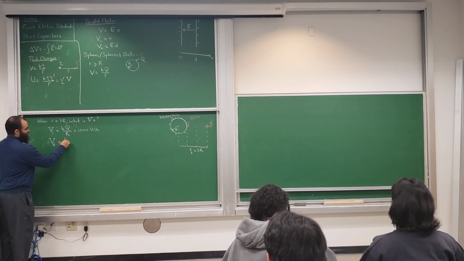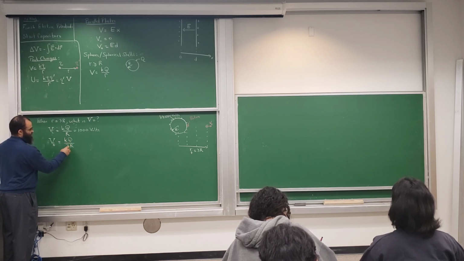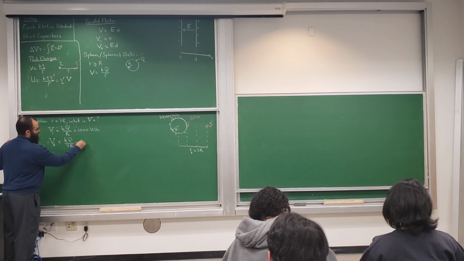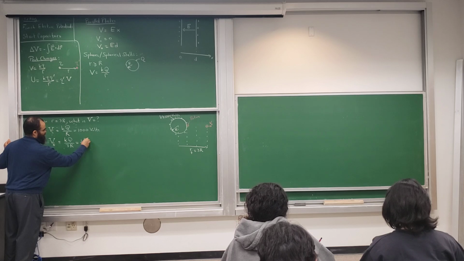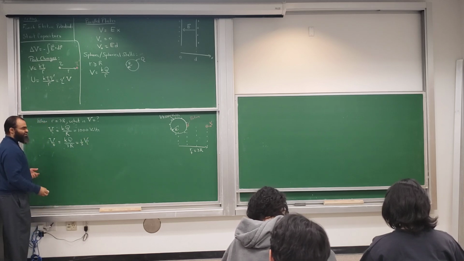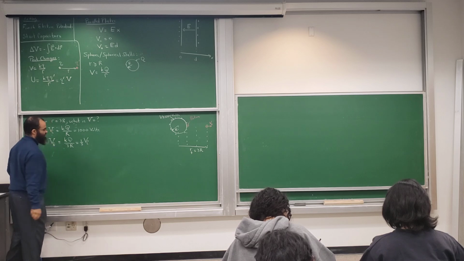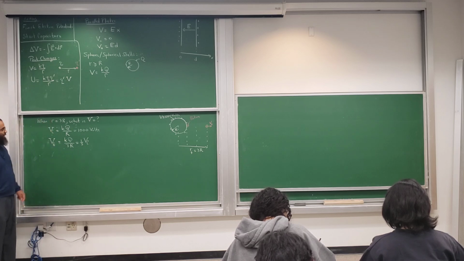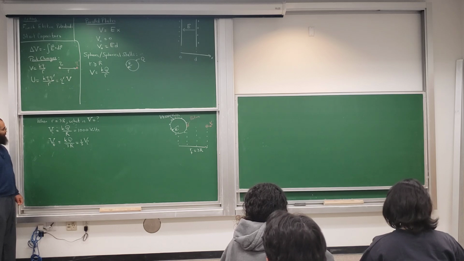It would be kQ over the distance, but the distance now is 3R. So it is 1/3 of this, which is about 333. I will leave it like that. So far, we're good?